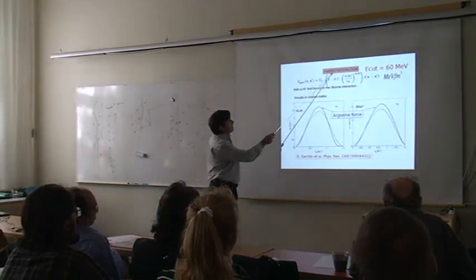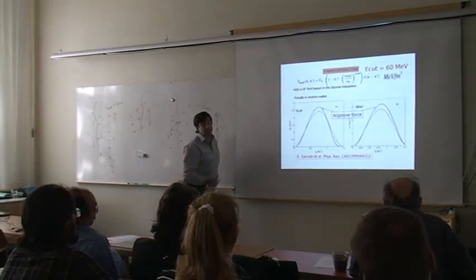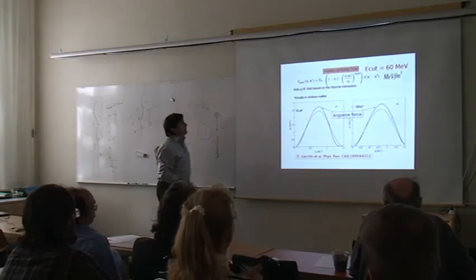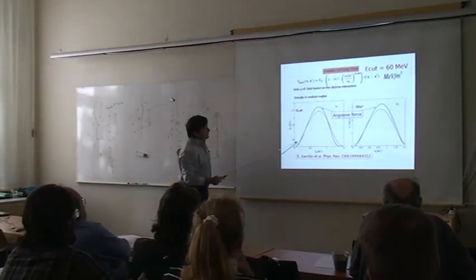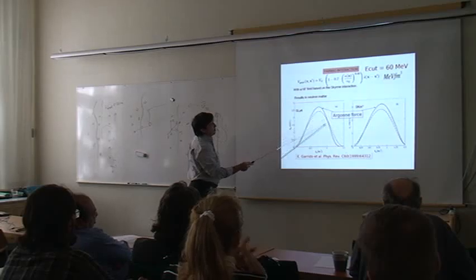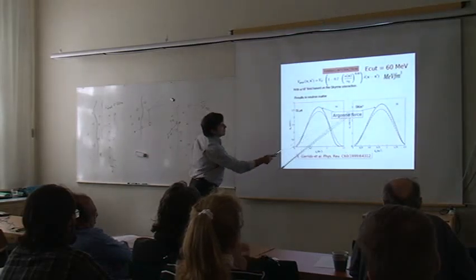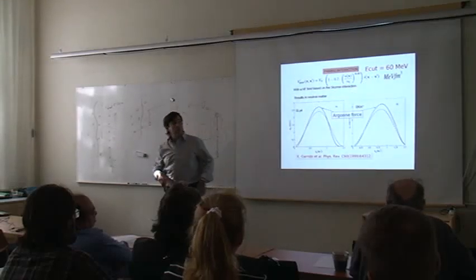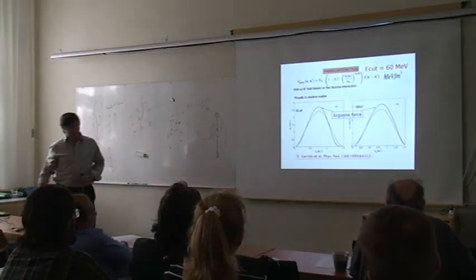And for the pairing interaction, we will use a simplified version, which is a contact interaction, but with a density dependence that resembles very well what you obtain when you use a more realistic Argonne force. Using a contact interaction is also convenient for numerical purposes.